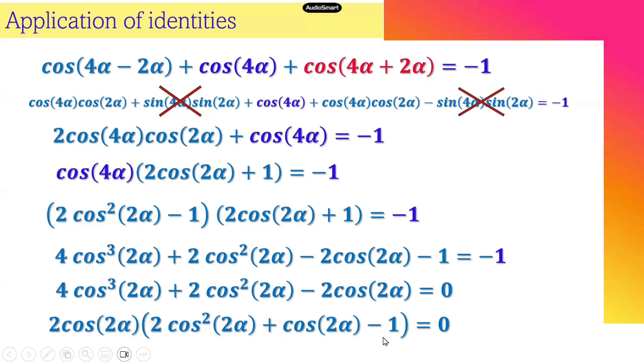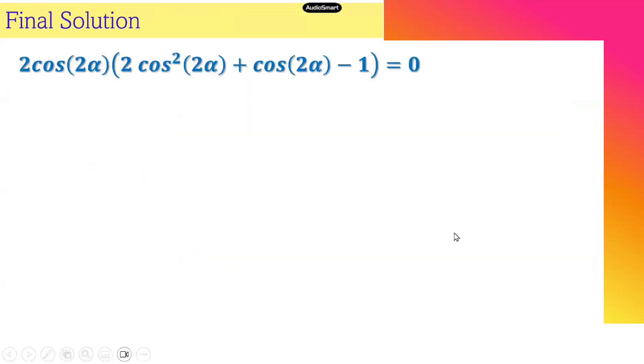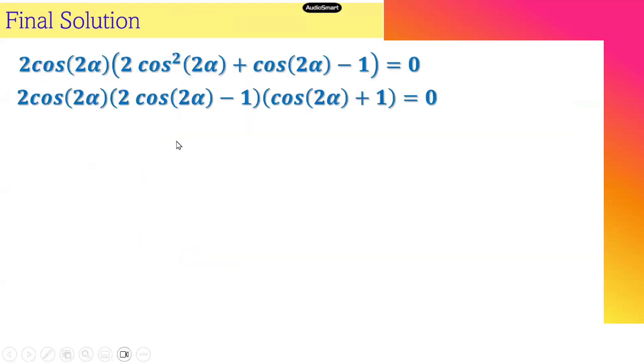This expression can be further factorized, and we have it in this form: cosine 2 alpha, 2 cosine 2 alpha minus 1, cosine 2 alpha plus 1 is equal to 0.